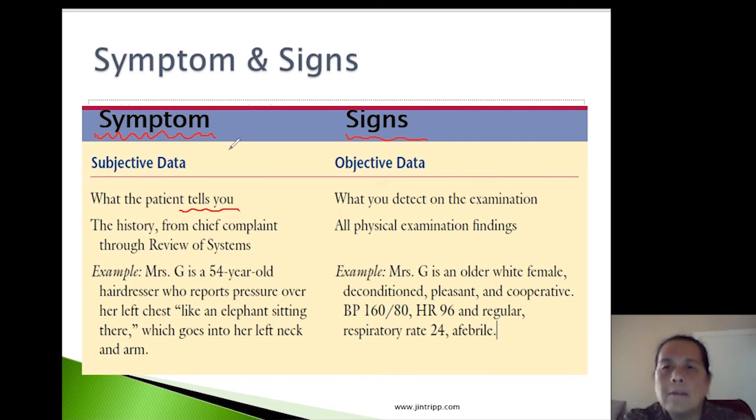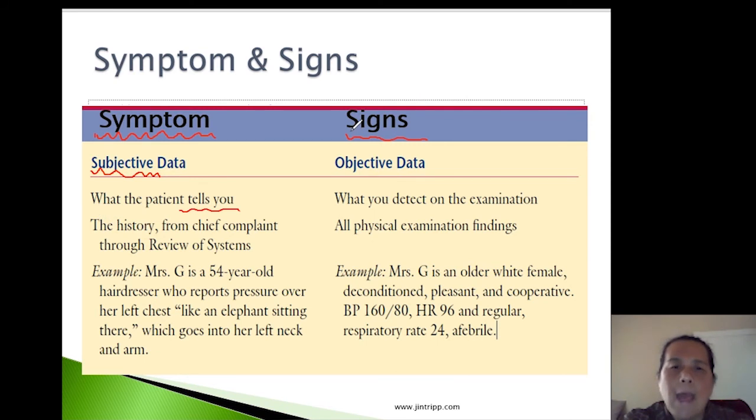Headache is a symptom; the patient feels it, but other people maybe couldn't see it. Sometimes we can see, sometimes we couldn't, but truly the patient can feel it. That's the subjective kind of information, so that belongs to symptoms.